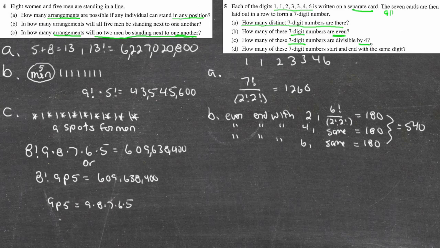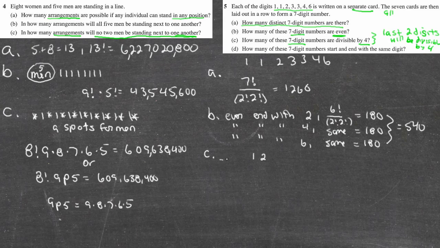Now for C, divisible by 4. Well, you have to look this up, but if a number is divisible by 4, the last 2 digits are divisible by 4. So again, we just kind of have to lay that out. If you look at it, we can first say, okay, if I put a 2 on the end, what number can I put beside it to make it divisible by 4? Well, a 12 would be divisible by 4. I can do that.